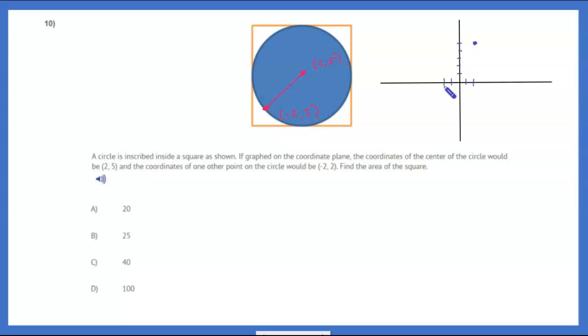So -2, and then up 2. There's my other point. And we want to find the distance between them. We remember we construct our right triangle. We draw that as the hypotenuse. And then we draw a vertical line and a horizontal line. We determine the length of each of these sides.